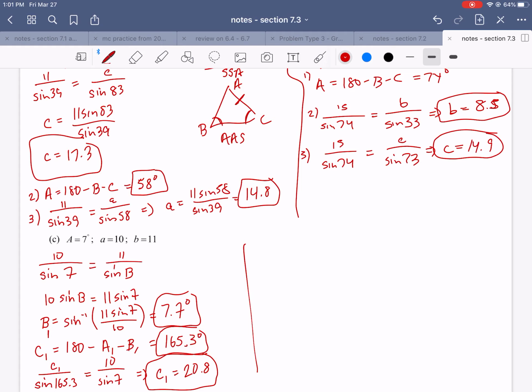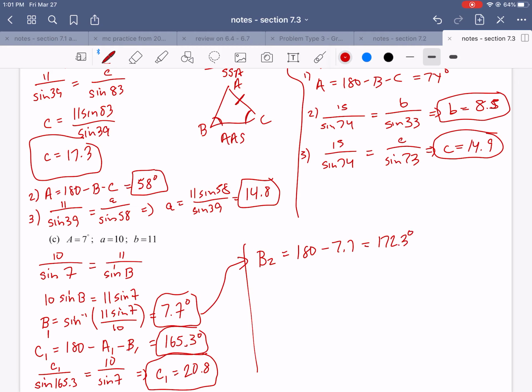I am now ready to see if there is a second triangle. I'm going to start from that B1 that I calculated, and I'm going to say that B sub 2, if there is a B sub 2, would be 180 minus that 7.7. So 180 minus 7.7 would be 172.3.